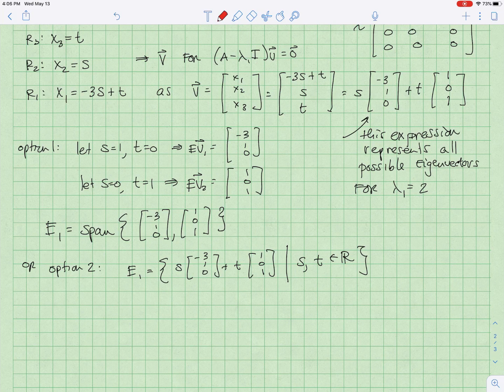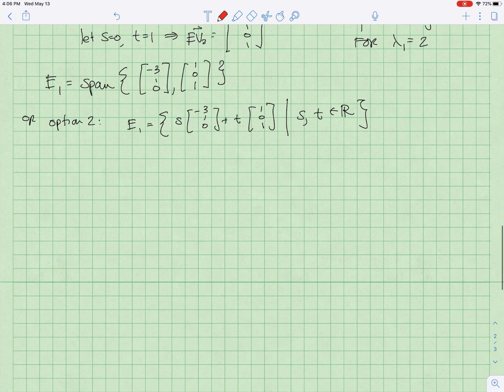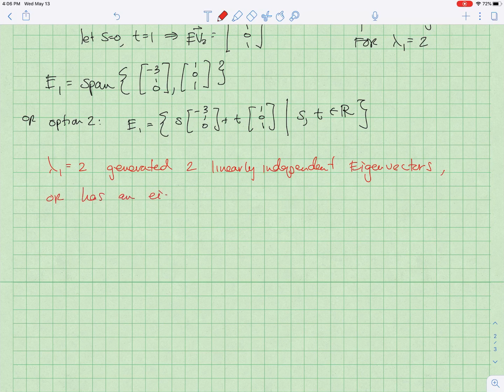So in terms of our notes above, we might note here that lambda 1 equal to 2 generated two linearly independent eigenvectors, or has an eigenspace of dimension 2.